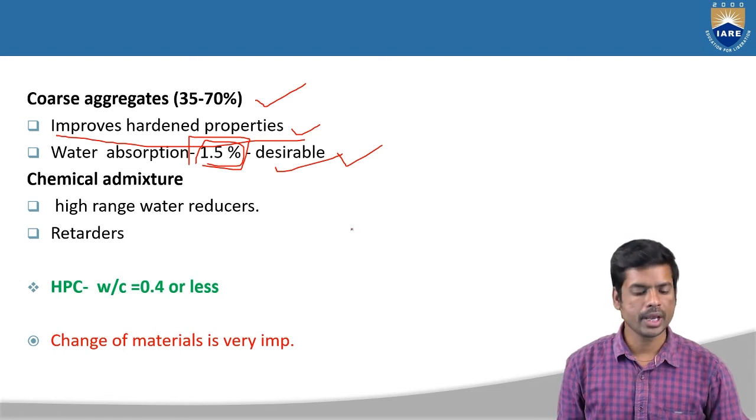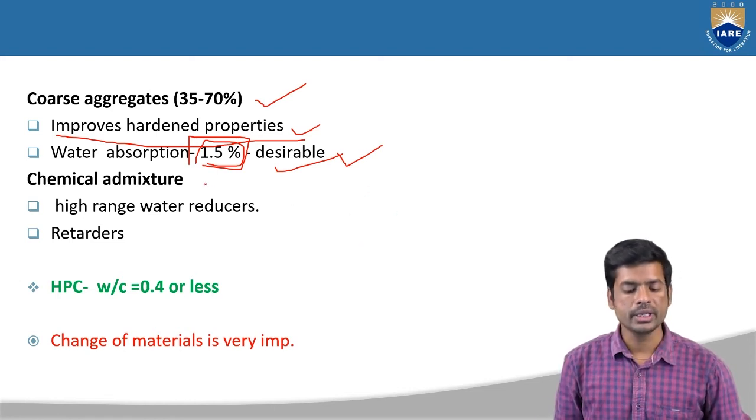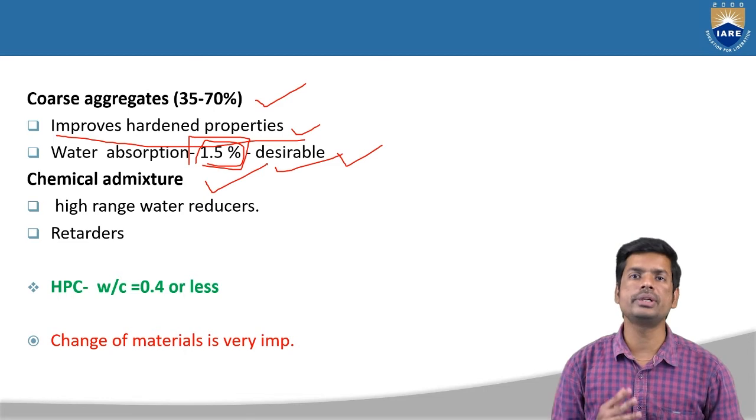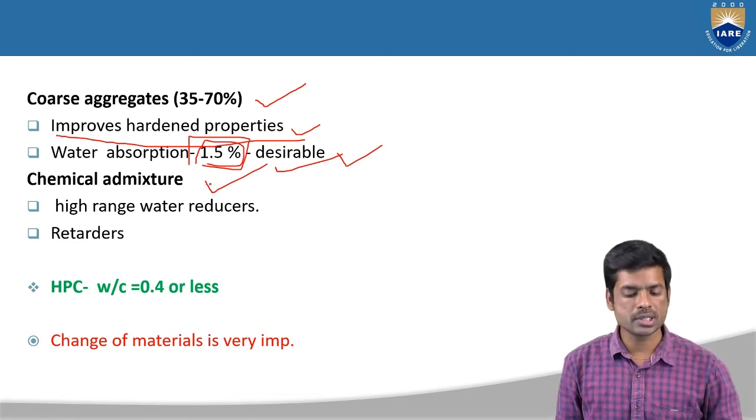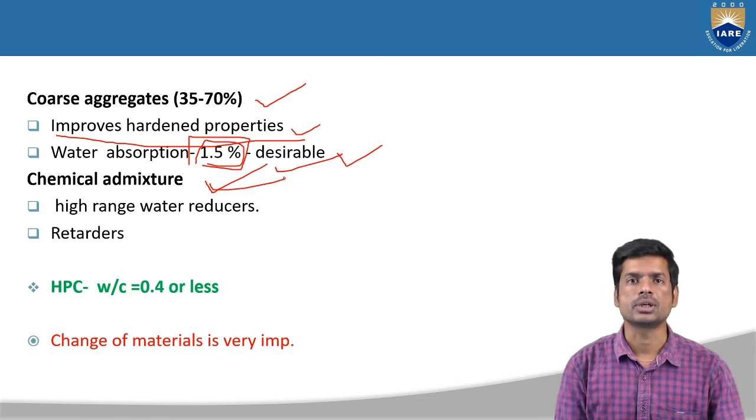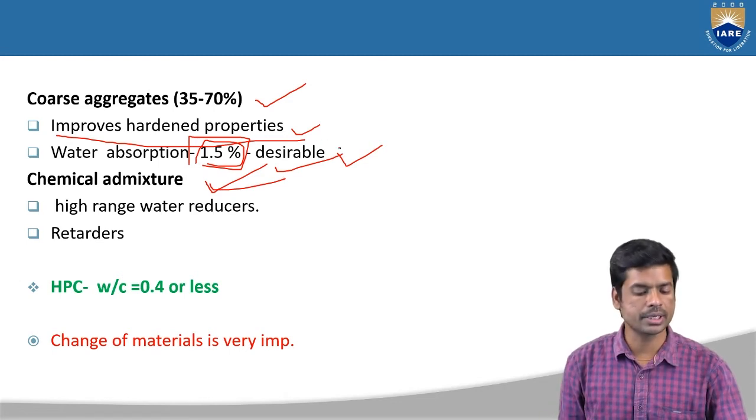And next one, chemical admixtures. Along with normal materials, we are going to use some extra material, that is chemical admixture. What is its purpose? These admixtures are used for improving some special properties. One of the chemical admixtures is high range water reducers.